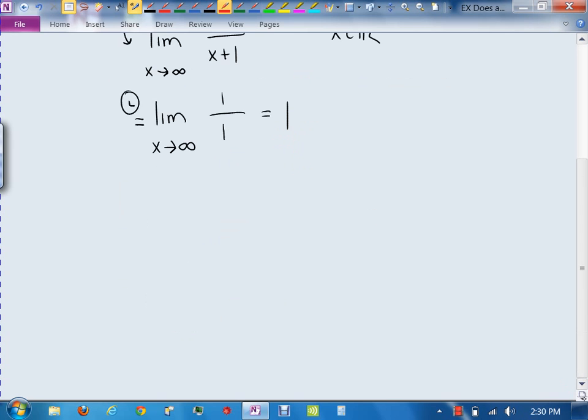All right, let me do another one. Converge or diverge for this one. Find the limit as n goes to infinity of sine n over n squared. Where does this go?